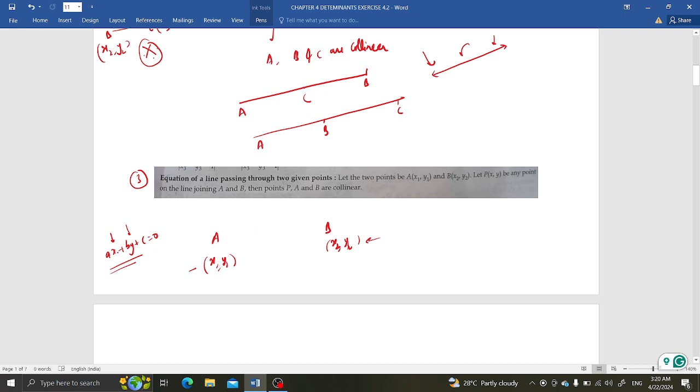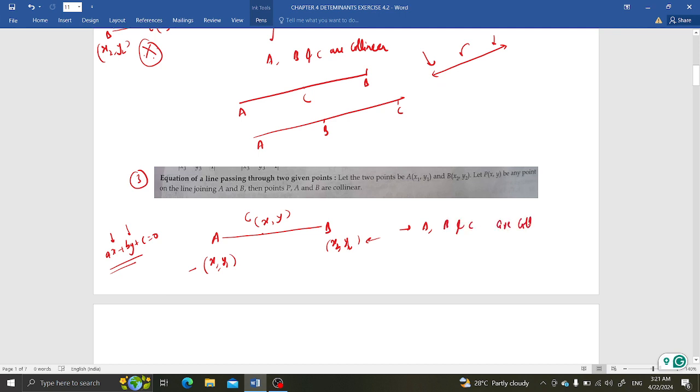So for that, what I will do is assume a point C, x comma y, on the line segment AB. Okay, and here we can observe that these three points A, B and C are collinear.